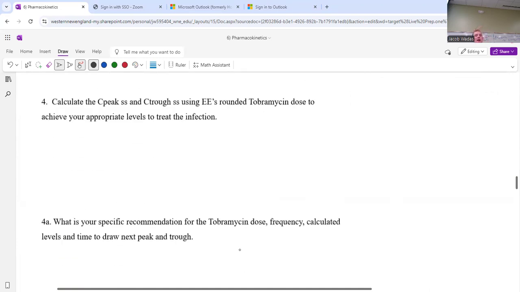Now calculate the concentration, peak steady state and trough using the rounded tobramycin dose to achieve your appropriate levels to treat the infection. So C peak, this is all on the equation sheet here.